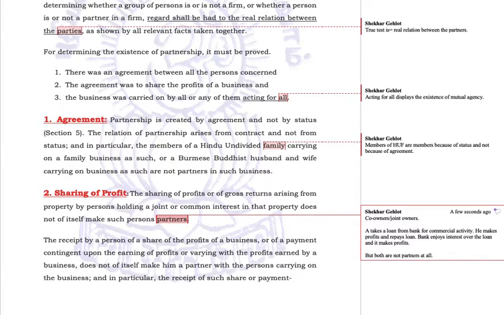So he approaches a bank and takes a loan. The bank passes the loan and will take an interest over the loan. Now he makes the profit, he enjoys the profit, and out of that profit, he repays the bank loan as well. So the bank is also earning a profit, he is also earning a profit from the same activity. But will they become partners? No, they are simply sharing the profits. He is making his own profit, the bank is making its own profit, but they will not become partners at all.